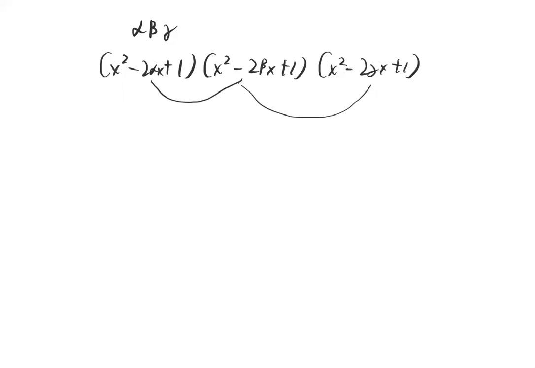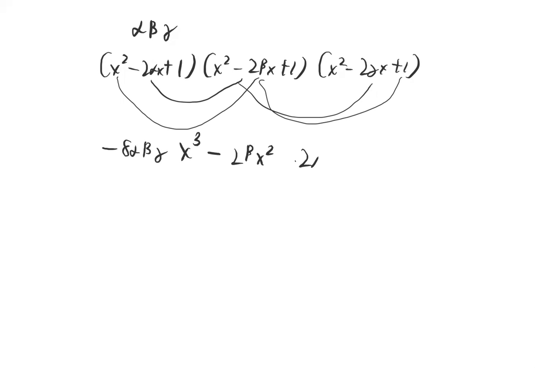So we have an x to the power 3 term and negative a alpha, beta, gamma. However, we have to notice that there are also other combinations for x cubed. For example, for x squared and x and 1. We have to count all of those. So basically we have minus 2 beta x squared minus 2 alpha x squared minus 2 gamma x squared.